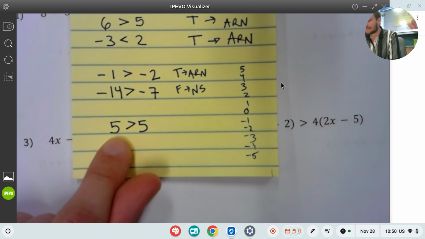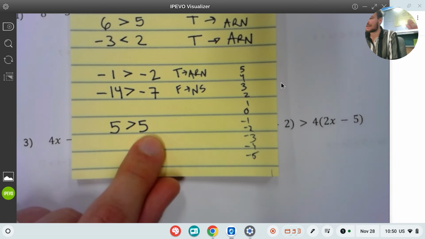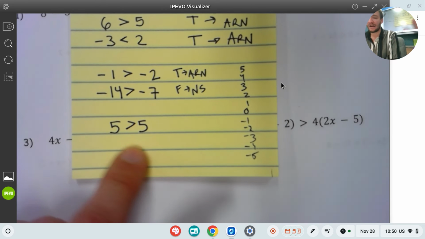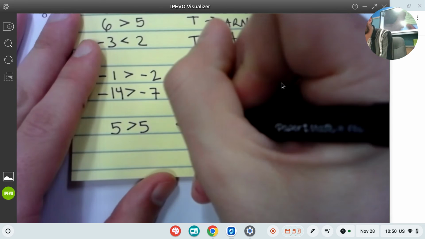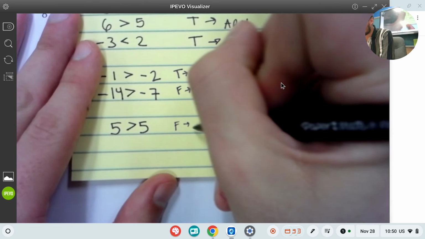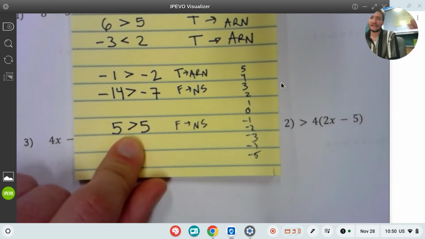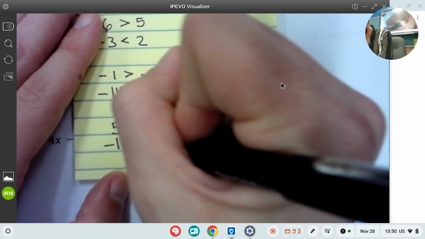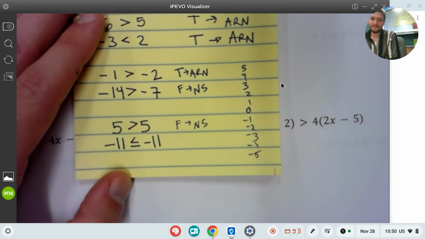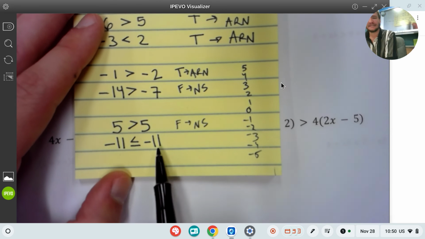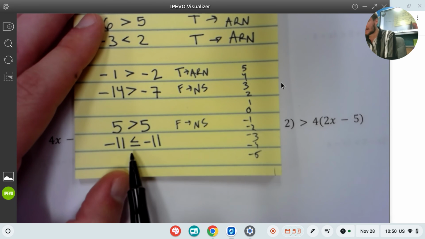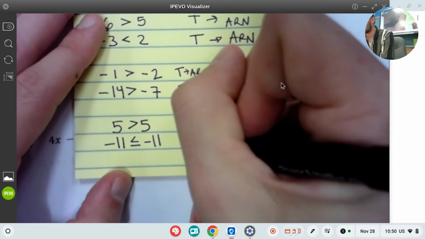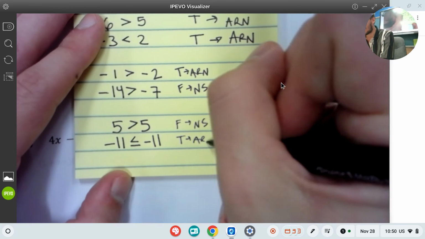Is 5 allowed to be equal to the 5? In this setup right now, no. This is a false, this is a no solution. We are not allowed to be equal to each other. However, if we have -11 less than or equal to -11, now, are these allowed to be equal to each other? Yes. And so now, this is a true, this is an ARN.